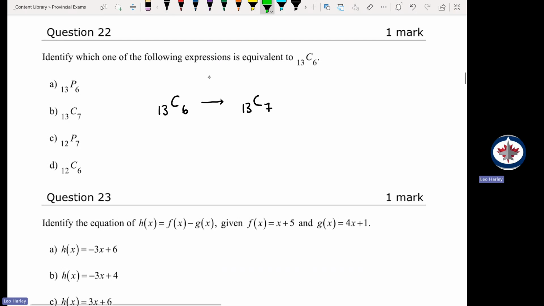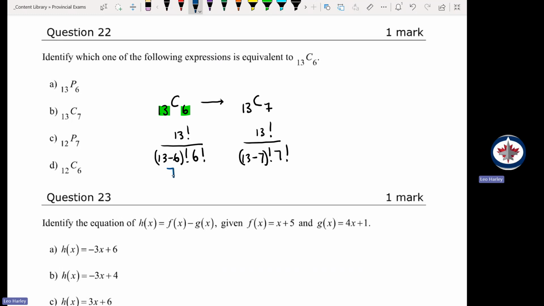I just looked at the difference between 13 and 6. Now, if you're not convinced, you could test it yourself. This would be 13 factorial over the difference between 13 and 6 factorial, 6 factorial. And then the other one is 13 factorial over the difference between 13 and 7 factorial, 7 factorial. I'm not going to go much further, but can you see this one is 7 factorial, 6 factorial on the bottom.